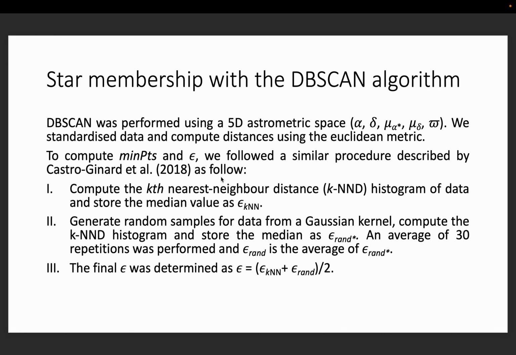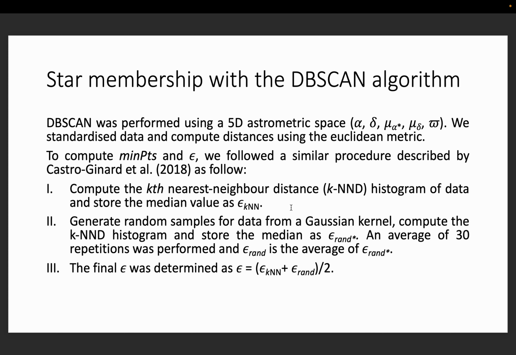Then the DBSCAN algorithm: we use the algorithm in a 5-dimensional astrometric space with coordinates, proper motion, and parallax. We follow a similar procedure described by Castro-Ginard. First, we compute the nearest neighbor distance histogram of the data and store the median value.